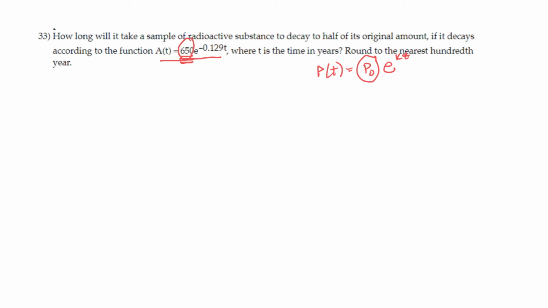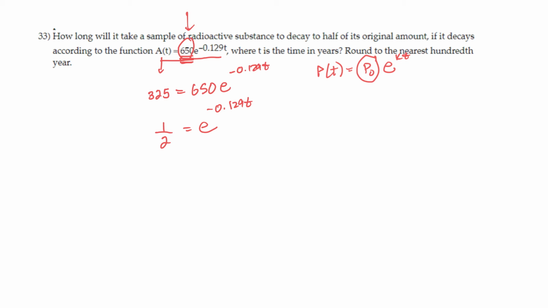So they want to know how long it'll take to decay to half of its original amount. If the original is 650, half would be 325. So 325 is equal to 650 e to the negative 0.129 t. Divide both sides by 650. I'm going to get a half on this side is equal to e to the negative 0.129 t.